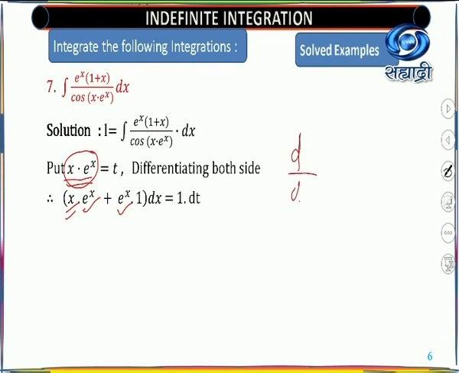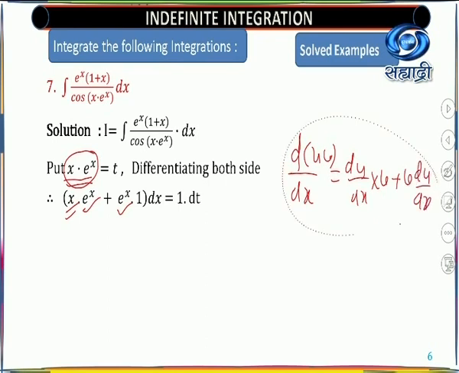Means you are using the formula for the derivative of u into v. So you will get du by dx into v plus u into dv by dx. By this formula you will get immediately x into e raised to x plus e raised to x into 1 into dx equal to 1 dt.